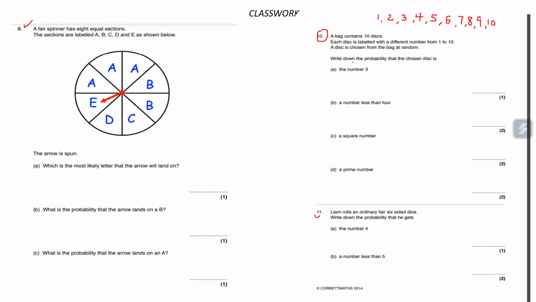The first question says, write down the probability that the chosen disc is number 3. How many threes are here? 1 out of 10.